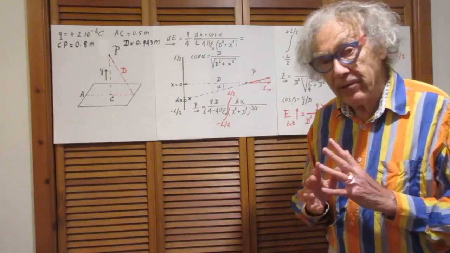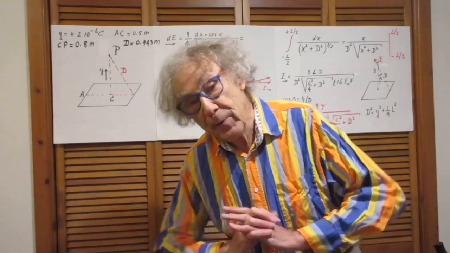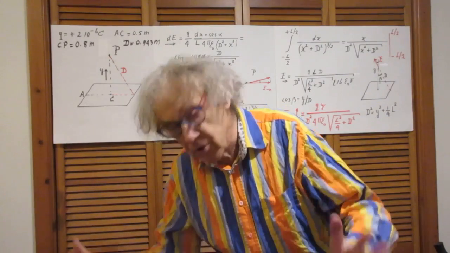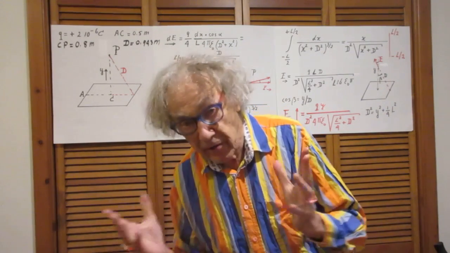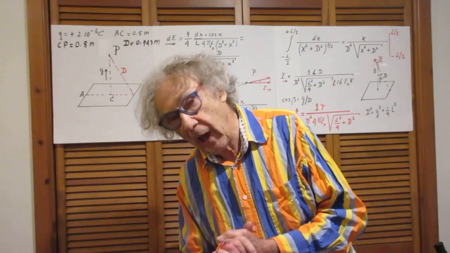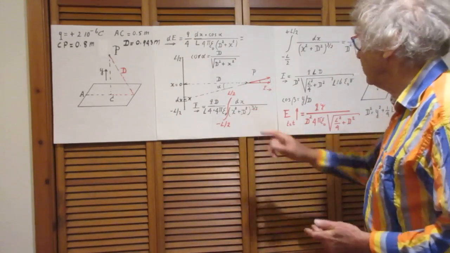I solved that integral. It's not very hard. If you have any problems with it, just ask Wolfram what the solution is to that integral. It's perfectly okay. That's not cheating. But I didn't have to cheat.